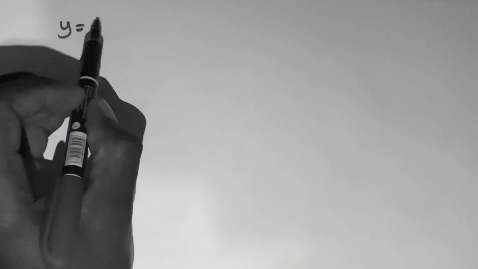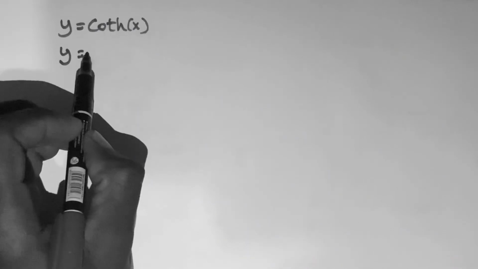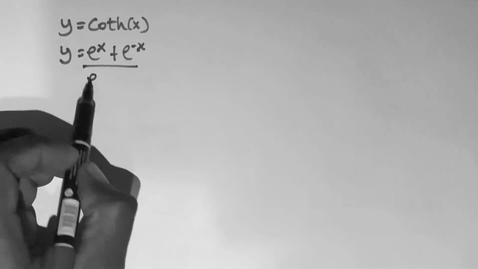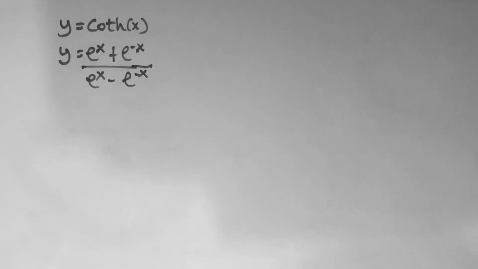Finally, let's talk about the graph y equals hyperbolic cotangent of x. So let's define hyperbolic cotangent of x. So y is equal to exponent x plus exponent minus x divided by exponent x minus exponent minus x.